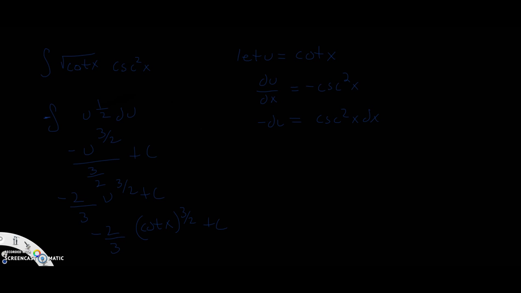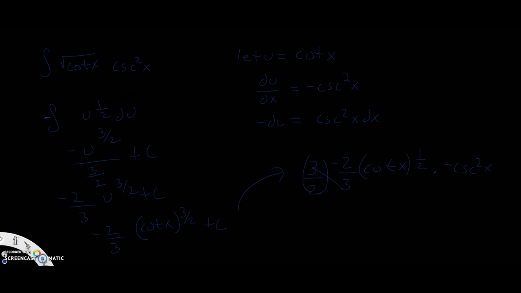And if you take the derivative of this, you're going to have to chain it. So now you have the negative 2/3 here. You're going to have to drop the 3/2. You're going to have to drop the power. So when you drop the power, it becomes the 1/2 times the derivative of the inside, derivative of cotangent x is negative cosecant squared x, and derivative of c is 0.